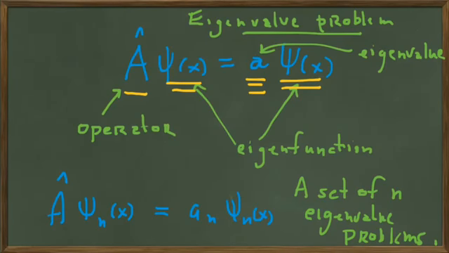Eigenvalue problems often occur in quantum mechanics as a set of eigenvalue problems. So we have still a single operator, but we have a set of eigenfunctions which are designated here by psi sub n, and a corresponding set of eigenvalues represented here by the constant a sub n.